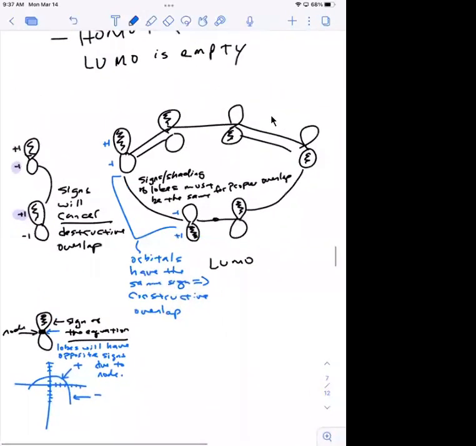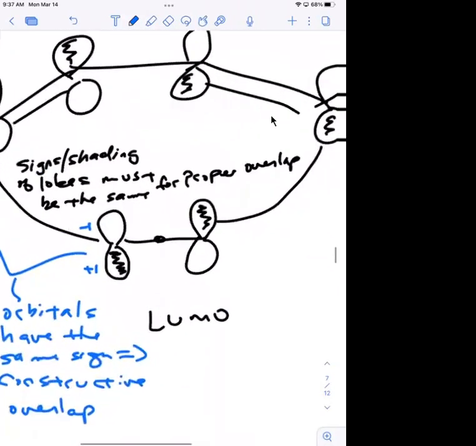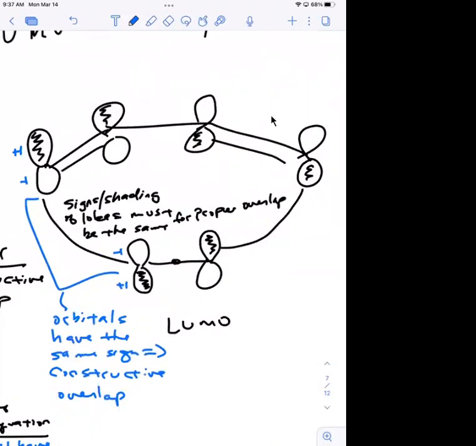So the point is, anytime you want to overlap orbitals to form a bond, they have to have the same sign. That's the bottom line. So the LUMO has to match the HOMO in the sense that if I want to overlap these two orbitals right here, they both need to be shaded.